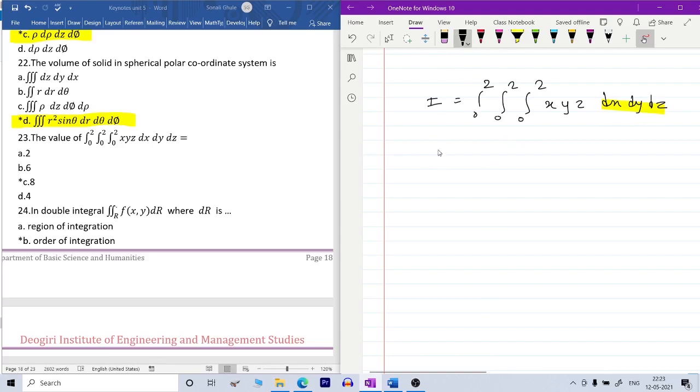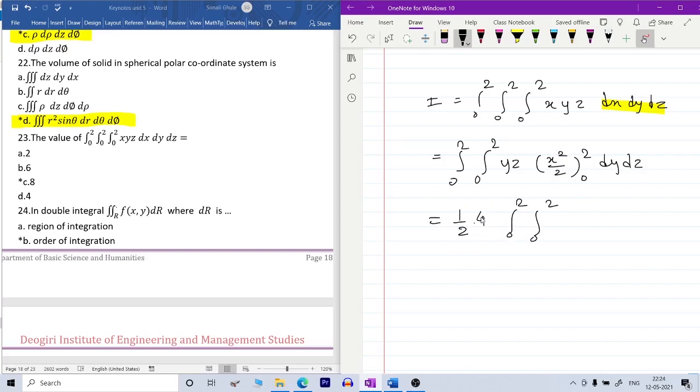So here first integration, as we can see, is with respect to x, keeping yz constant. So x square upon 2, applying your limit. So 1 by 2 is constant, keeping outside. Now applying limit, 2 square, that is 4, 4 minus 0. So it is 4 only. So both the values are constant, we can keep outside. Okay. Remaining function we have to write here.